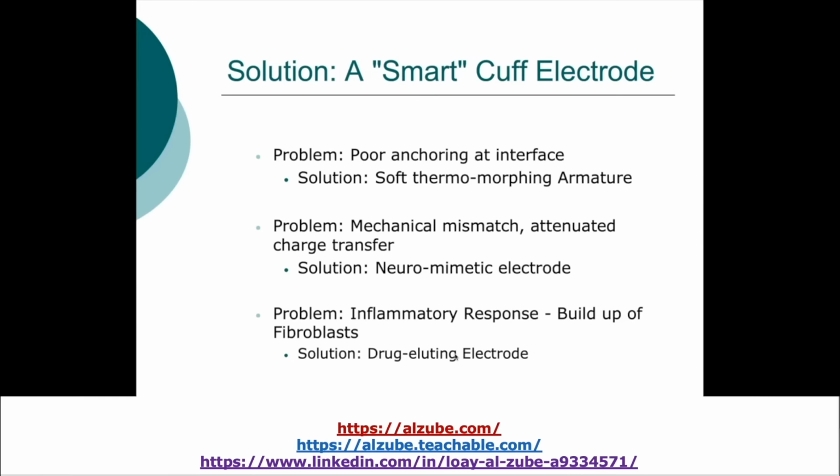For poor anchoring at the interface, we have developed something called soft thermomorphing armature. So that's anchoring. Then for mechanical mismatch and attenuation of charge transfer, we have developed something called neuromimic electrodes. For inflammatory responses and build up of fibroblasts, that's biocompatibility, we have something called drug-eluting electrodes. And all of these electrodes or materials, some of them are still experimental, animal experiments.